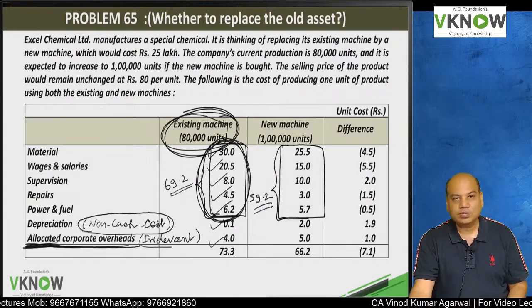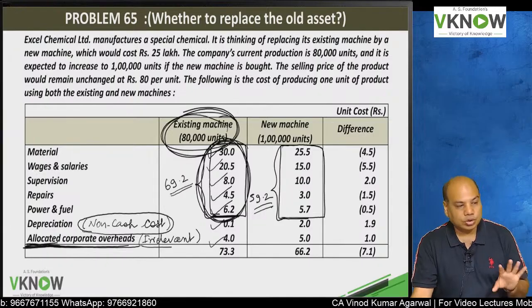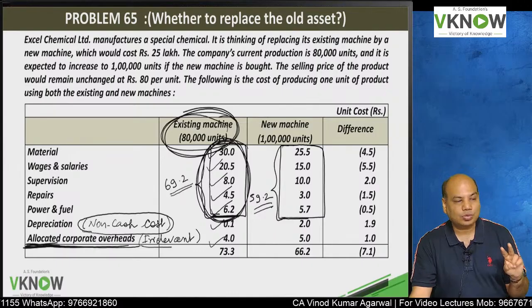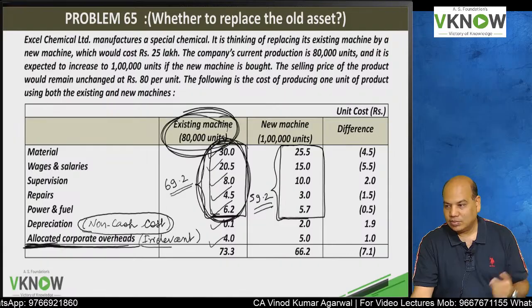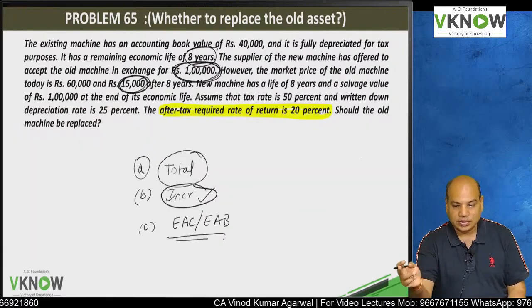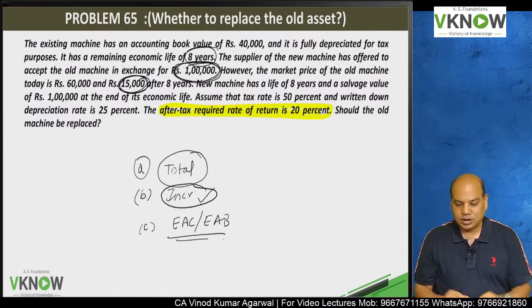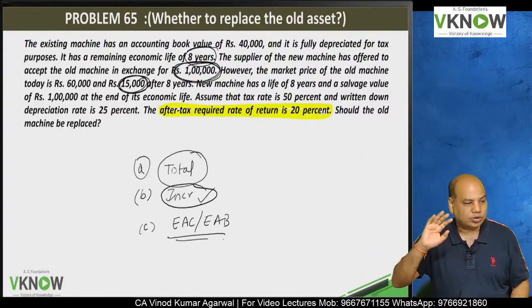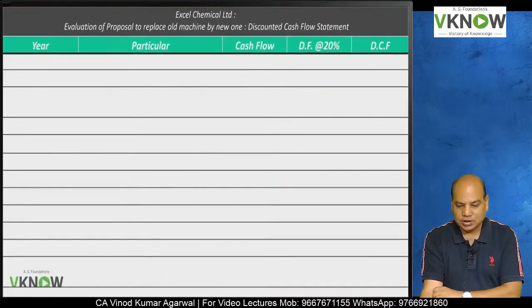So this can be solved under total approach also, because you have data. But total approach means solving 2 times, one for existing machine, one for new machine. Incremental approach is better. I have to solve only once. EAB method not required, because the life of old asset and the new asset both are 8 years. So there is no need to go to EAC or EAB method.